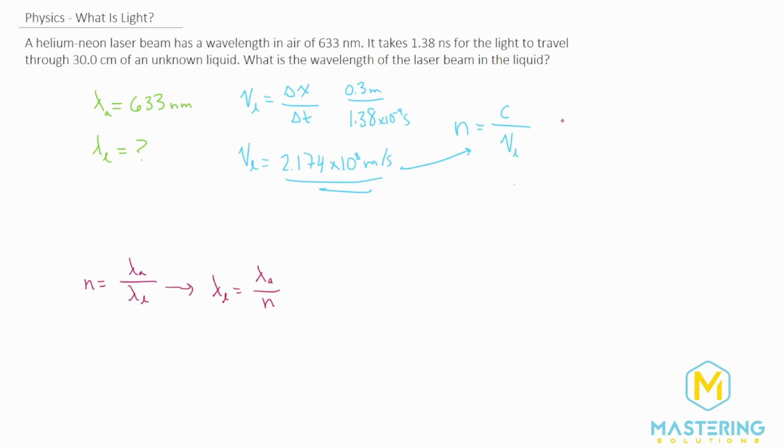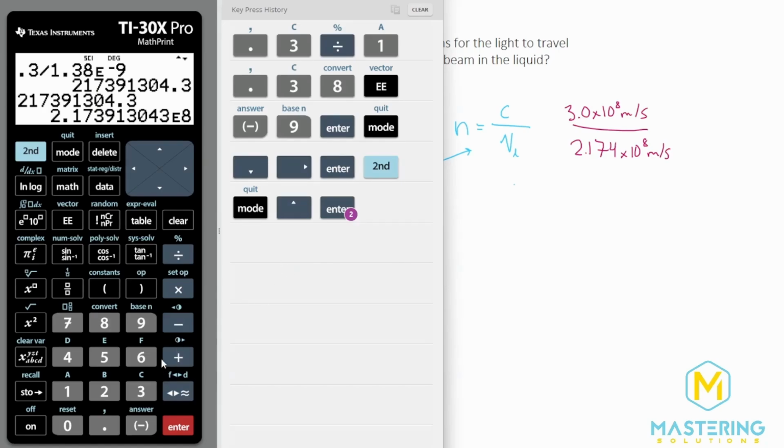So now we have the index of refraction is equal to 3 times 10 to the 8 meters per second divided by this that we found over here, 2.174 times 10 to the 8 meters per second. That will give us the index of refraction.